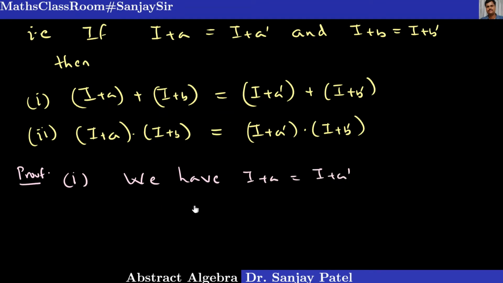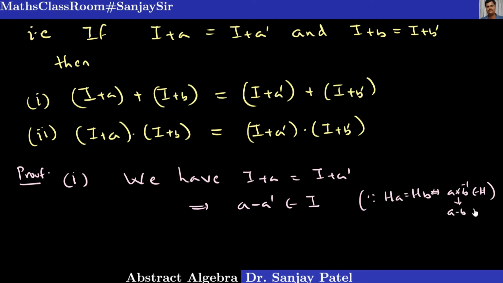So this implies A minus A dash belongs to I. Because you know that if two cosets are the same, HA is equal to HB in a group, then A star B inverse belongs to H. Here star is addition and B inverse means the inverse of B with respect to plus, so it is minus.